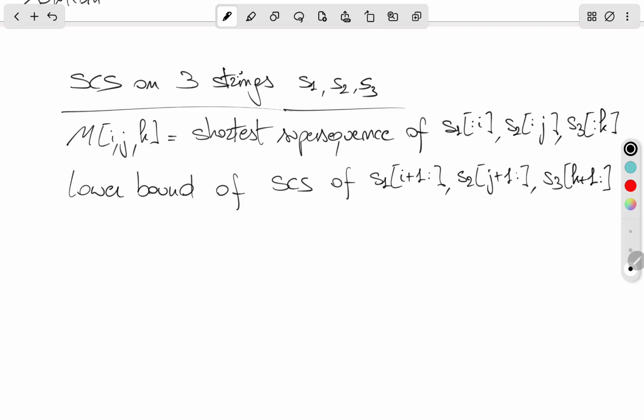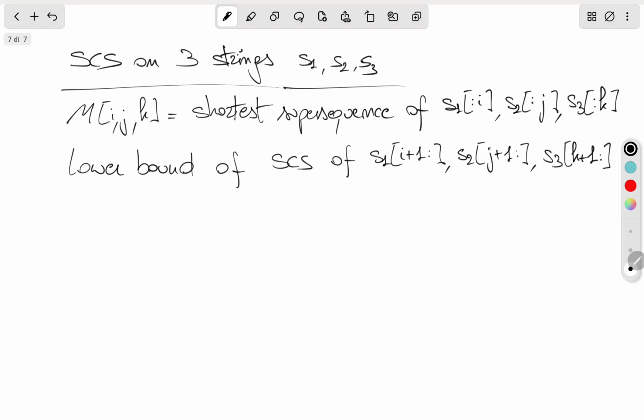Why did I move to 3 strings? Because, as we discussed last lecture, going from 2 to 3 increases a lot the space complexity. The time also goes from n squared to n cube. And n squared might be more or less acceptable, n cube is much worse.